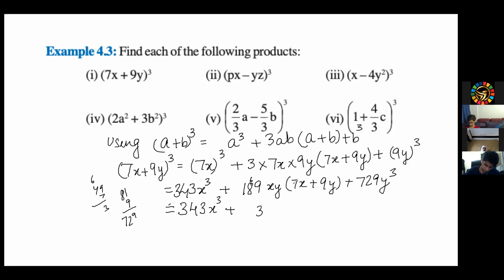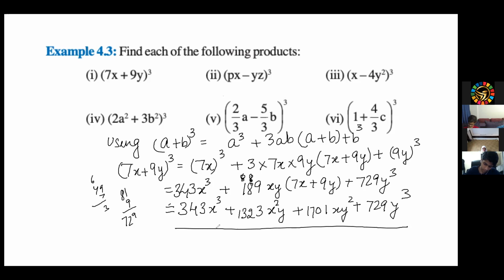So 7 nines, yes, carry 6. 56. 1323 x square y plus 189 into 9. 9 nines are 81, carry 8. 72 plus 8 is 80, carry 8. 9 ones are 9. 10, 1701 xy square plus 729 y cube. So this is your answer.